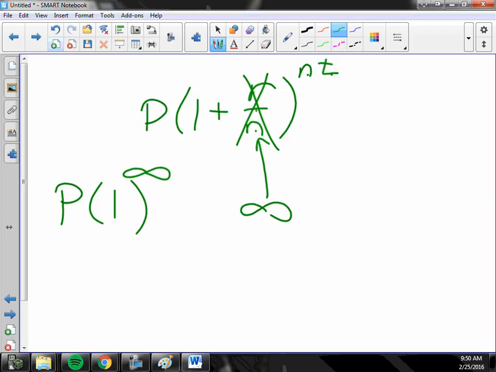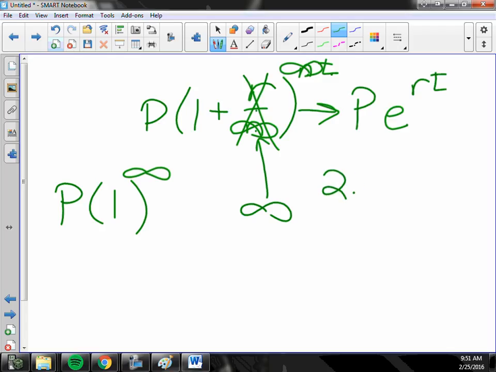Well, it's not quite that easy. Once you start dividing by infinities and raising to infinities and 1 times itself an infinite number of times, it's a little bit messy. And what we found out is this equation with infinity plugged in here and in here approaches P times e to the rt, where e is an irrational number.